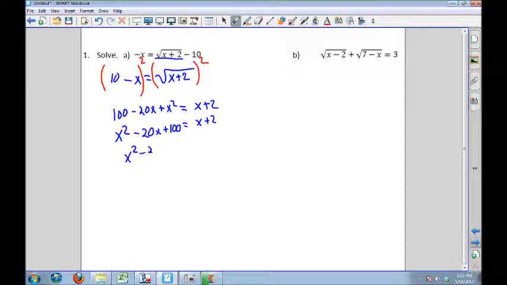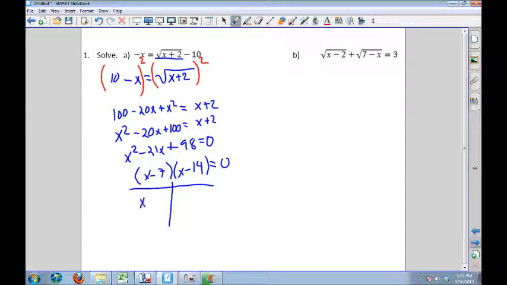So x squared minus 21x plus 98 equals 0. This factors, so x minus 7, x minus 14 equals 0, and when I tee this up, my solutions are either x equals 7 or x equals 14.